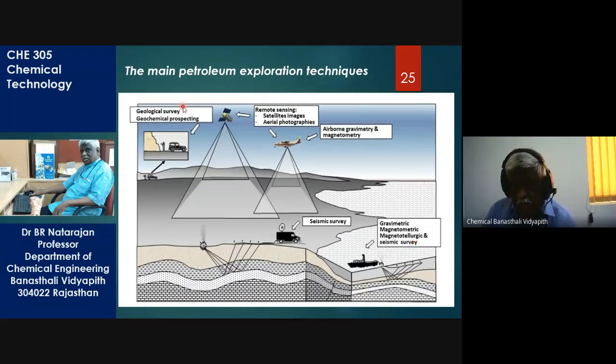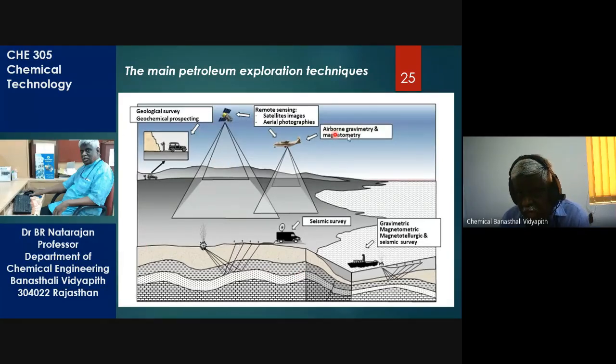Now, let's look at the main exploration methods. This is geological survey, geochemical prospecting. This is searching for rocks, etc. Then this is remote sensing, satellite and aerial photography, right? Aerial photography and remote sensing satellite images help you in locating possible oil location.